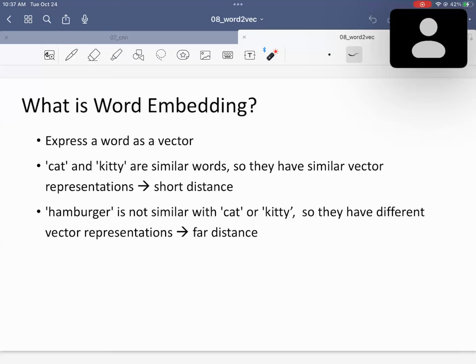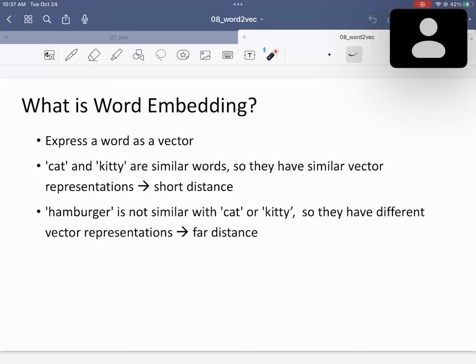If this is what we're after, then cat and kitty are similar words, so they should have similar vector representations. Semantically they're similar. Morphologically, their surface forms are completely different. This starts with C, this starts with K, so they would have very different indices.